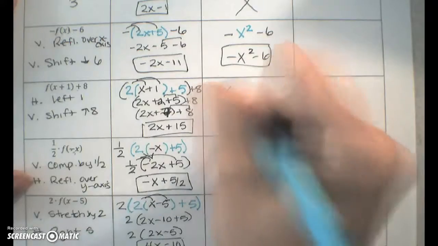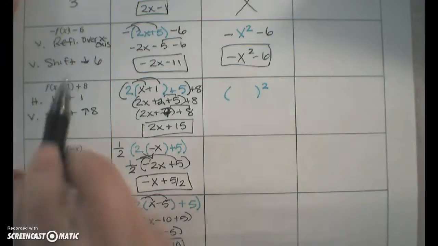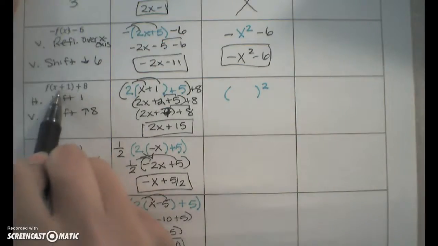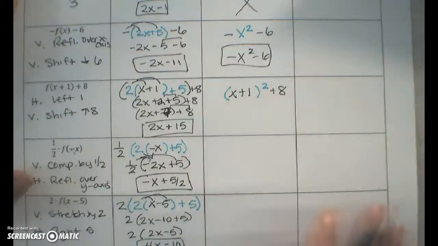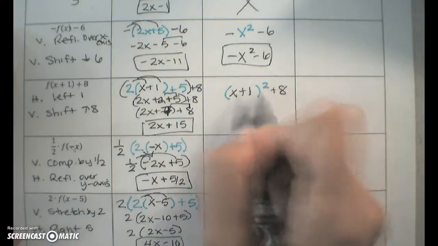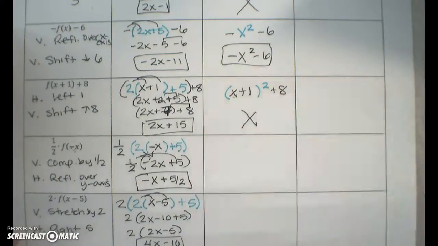Yes. So parentheses squared, leave a spot to plug in what you need to plug in. And what do we plug in? Well, it tells you right here, x plus 1. And then don't forget the plus 8 behind. Are we going to FOIL this? No. So you're done. It's just x plus 1 squared plus 8. We're not going to FOIL.